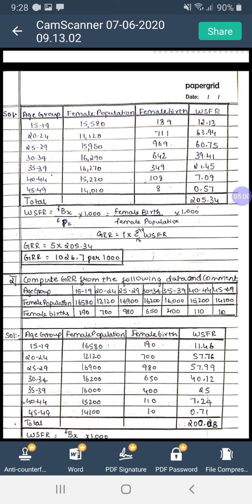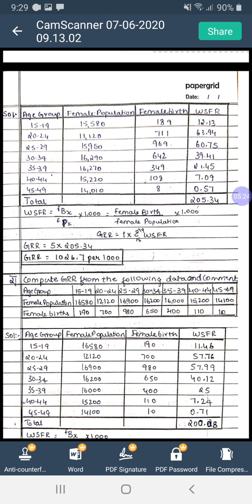Next, 711 divided by 11,120 into 1000, you will get 63.94. Then the next one is 969 divided by 15,950 into 1000, 60.75. Then 642 divided by 16,290 into 1000, you will get 39.41.